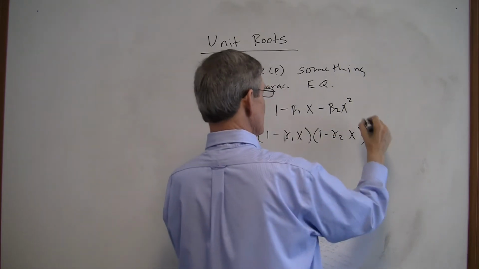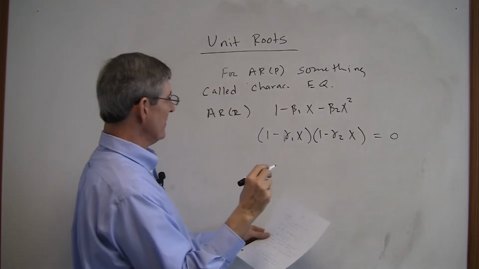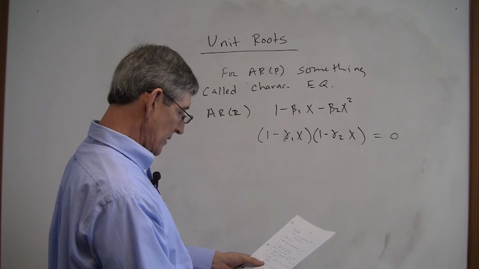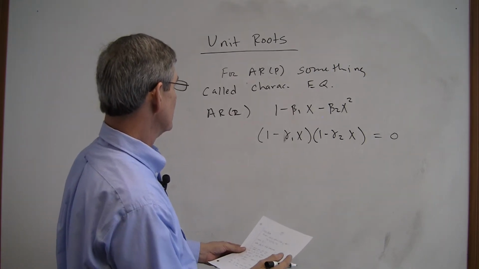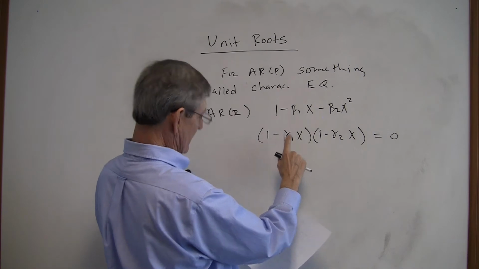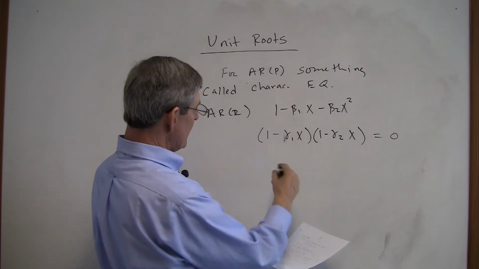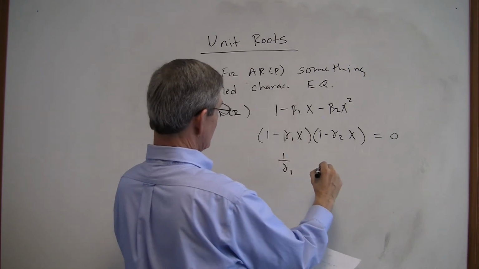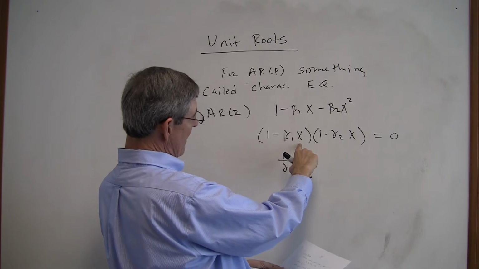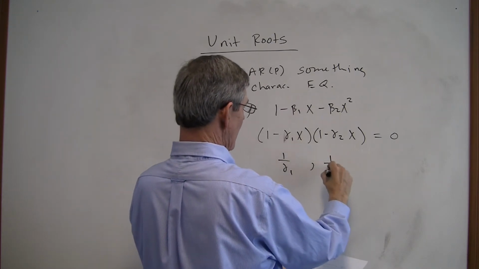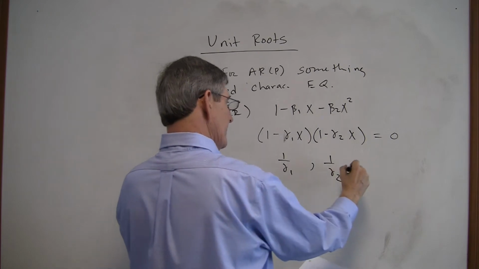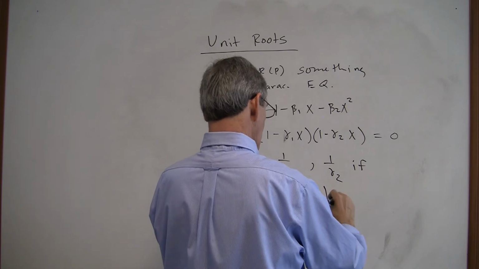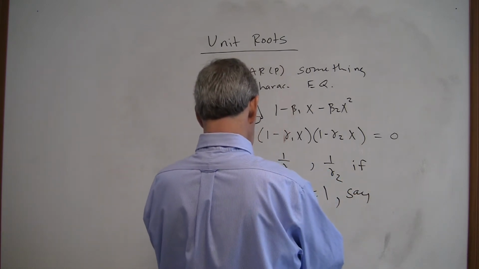Those are the zeros. So the zeros of this would be 1 over gamma 1, where when x is 1 over gamma 1, this is 0, and 1 over gamma 2. If either of these equals 1, we say there's a unit root.